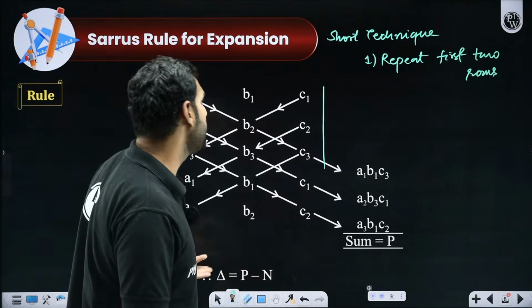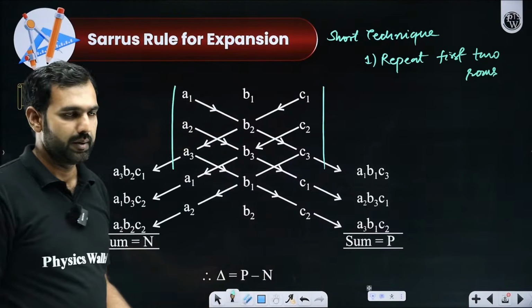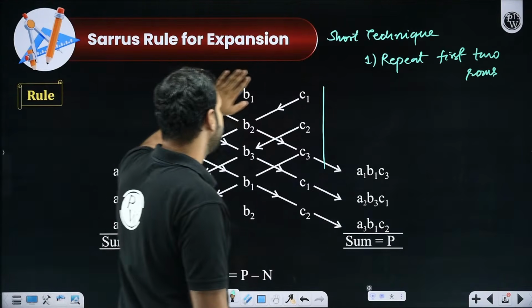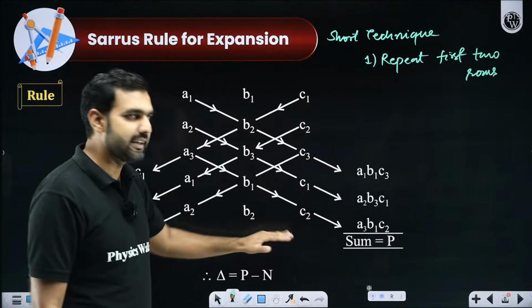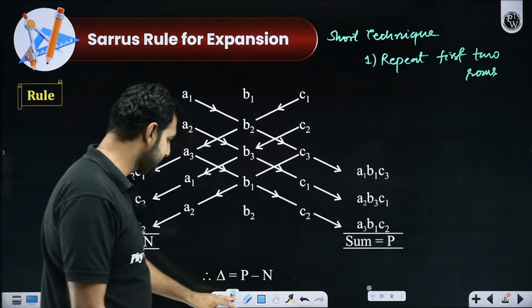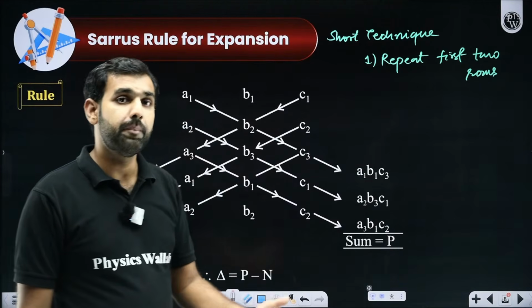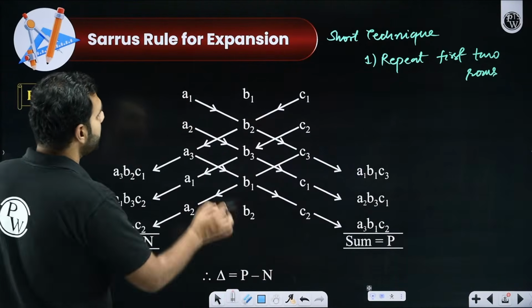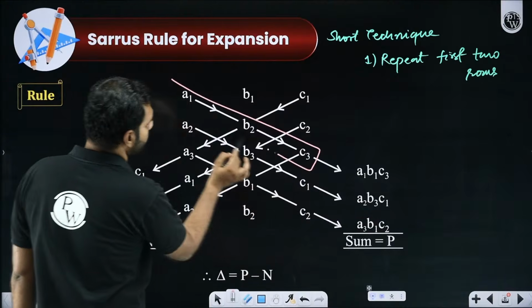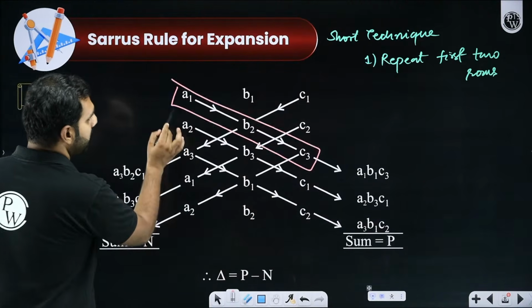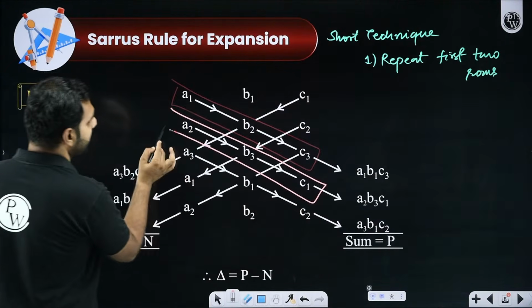But this Sarrus rule right now is applicable for a 3 by 3 because mostly in your syllabus, you deal with a 3 by 3. Now, once you have repeated the first two rows, what you do next is you take the product along the principal diagonal elements. So I'll multiply A1, B2, C3. Then I'll multiply A2, B3, C1.